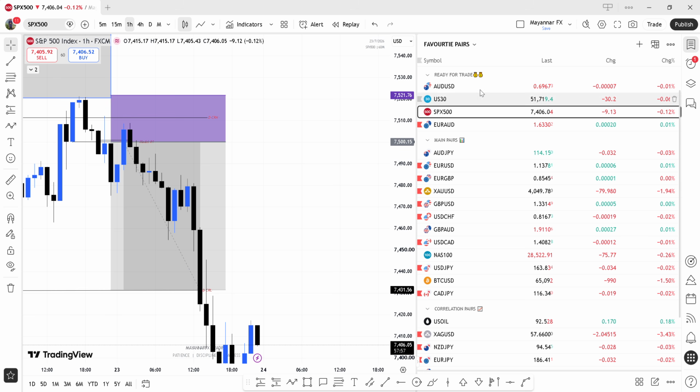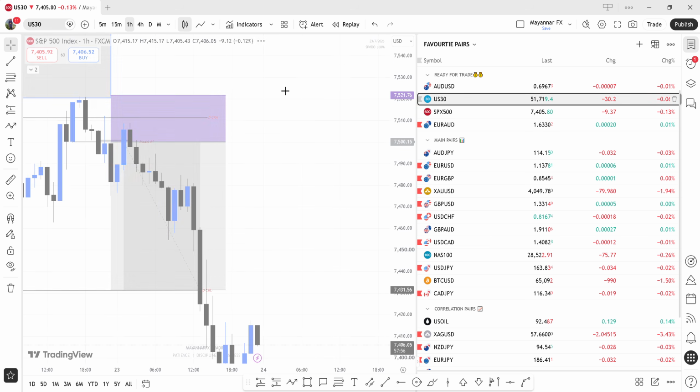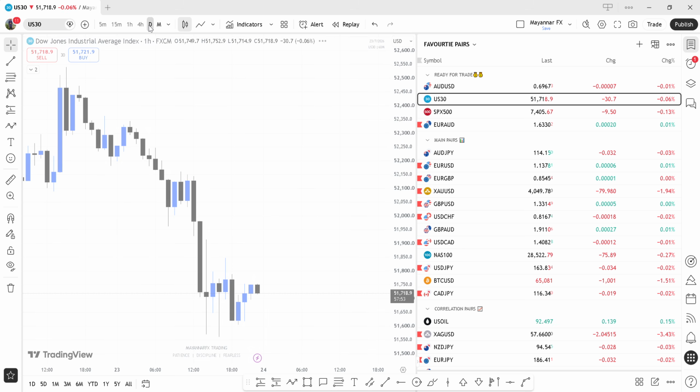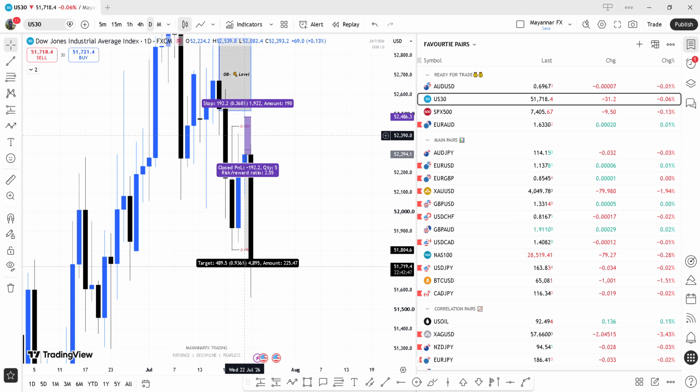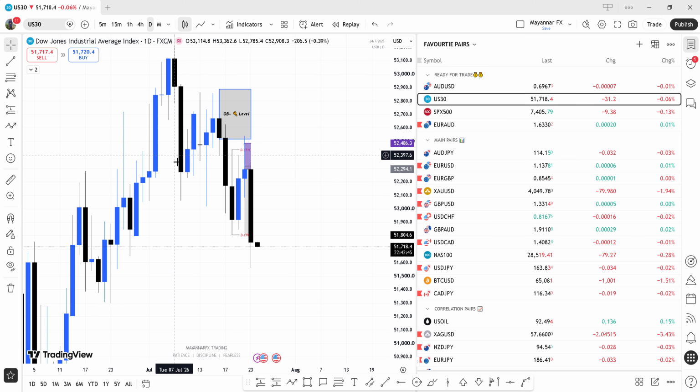Yeah, so on my US30 the same thing happened. I think we're bearish. This was a low, a high, a low that was supposed to create another high. It didn't create another high. Instead, it created a high, created a low, created a high again, created a low.